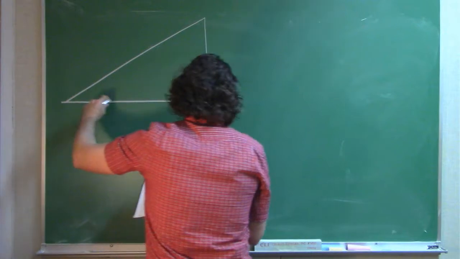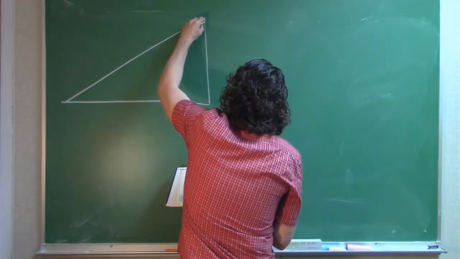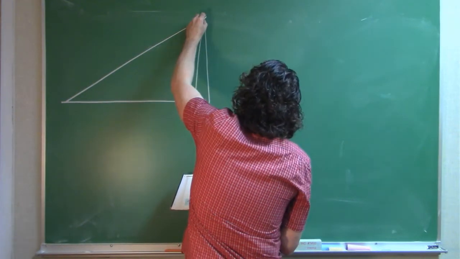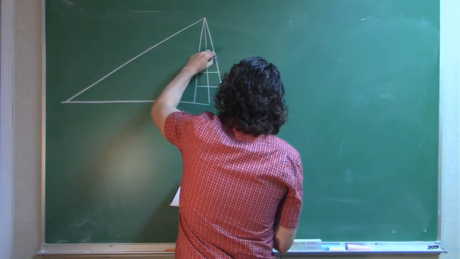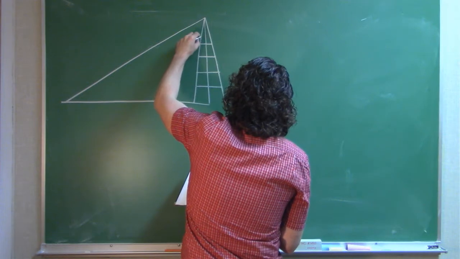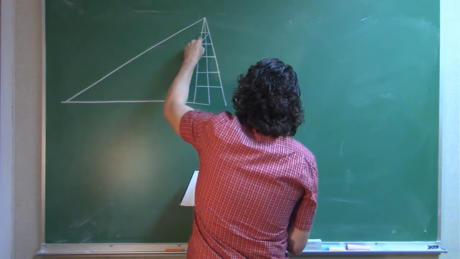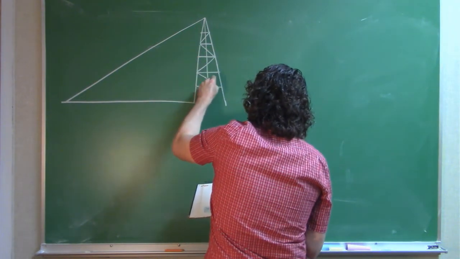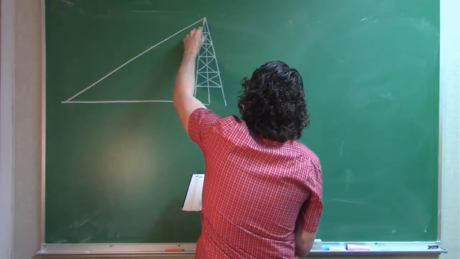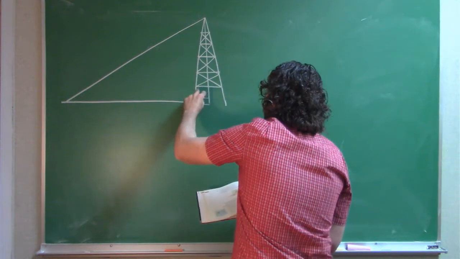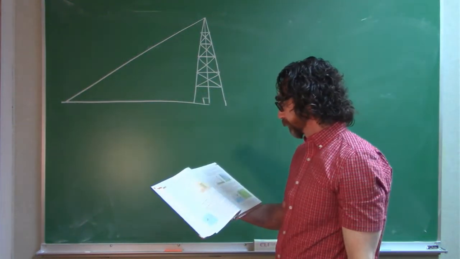So here's my tower over here. Similar to what we just had a second ago, pretend it's a radio tower or a cell phone tower or wires or something like that.